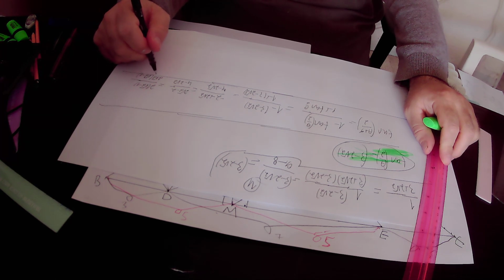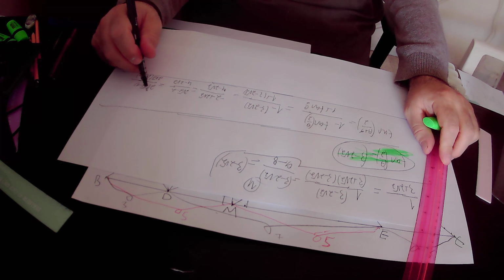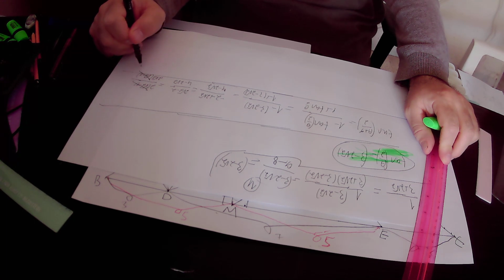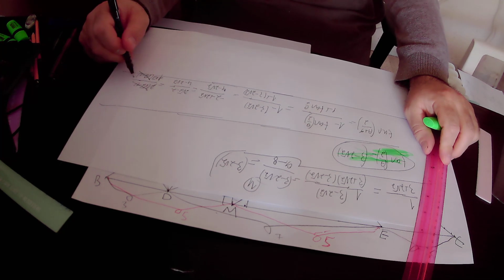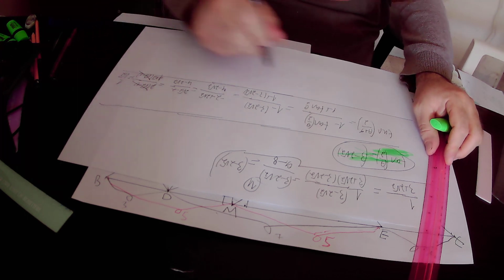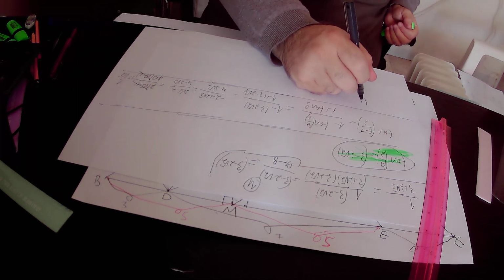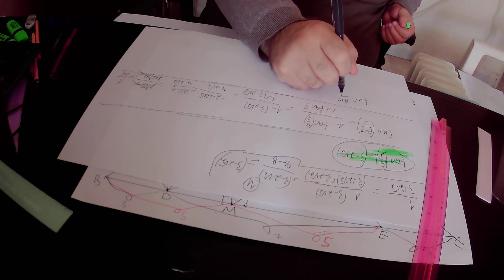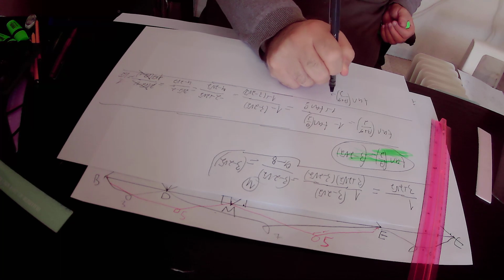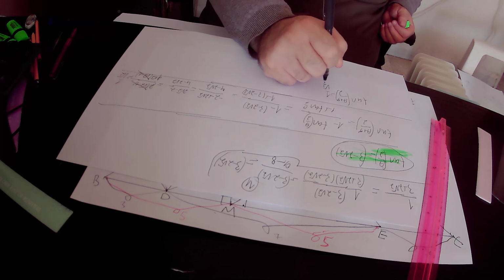So here we have square root of 2 minus 1 in the numerator and square root of 2 minus 1 in the denominator, so square root of 2 minus 1 will get cancelled. We have 2 in the numerator, 2 in the denominator, so 2 will also get cancelled, and we are left only with 1 over square root of 2. So we found out that the value of tangent theta plus alpha over 2 is equal to 1 over square root of 2.